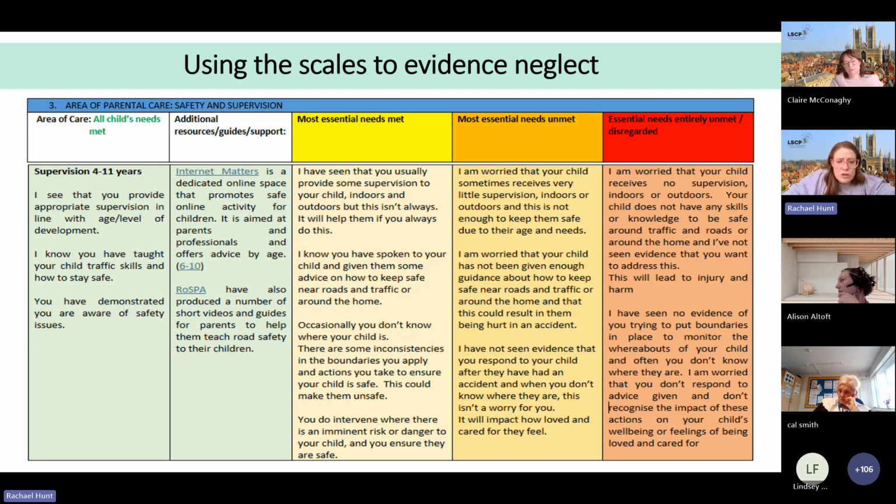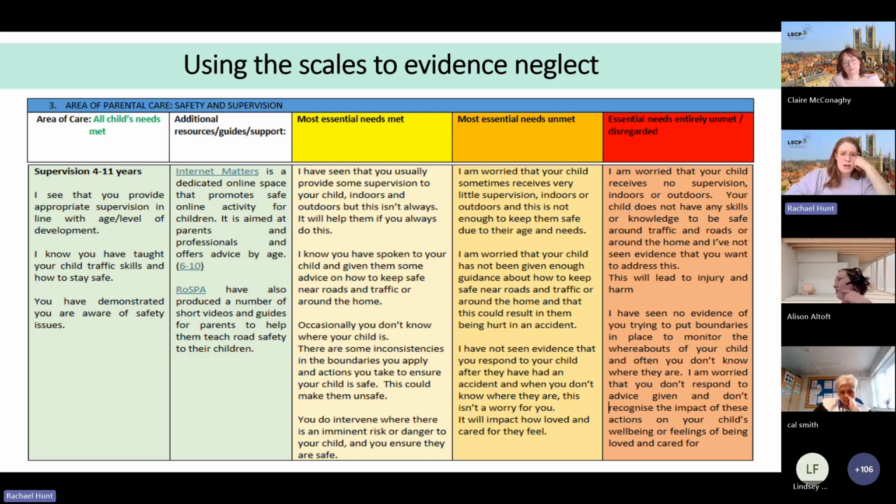What people have been saying the scale is really good for is setting goals with a family. You might start working with a family where something's in the red and you're really concerned, but you can use the language in the other areas to set goals with the family. It's also something you can use to have conversations.